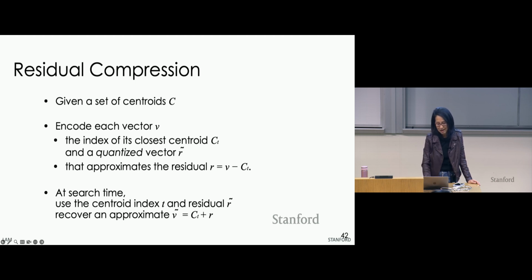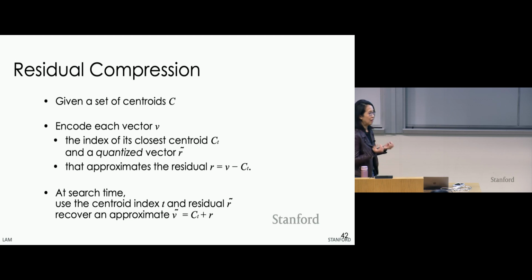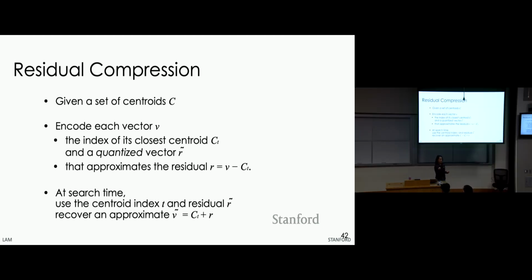And we do a quantized version because we actually don't need the full granularity of the full 4 bytes for the floating point number, because you have already got the centroid. It takes you to this particular spot, and then you're just trying to quantize to describe the displacement, the residual or the difference, and you don't really need the full resolution.